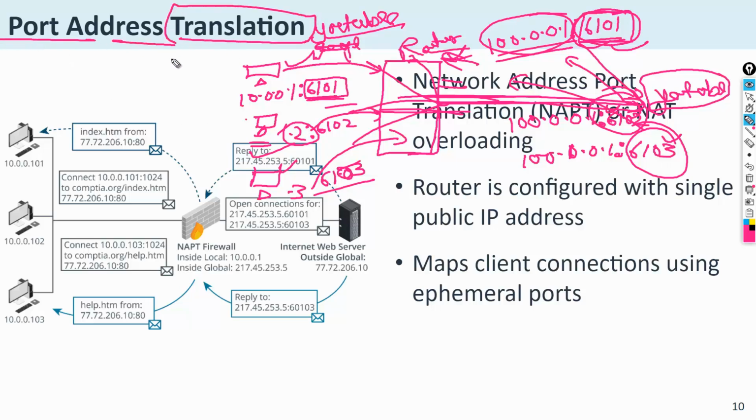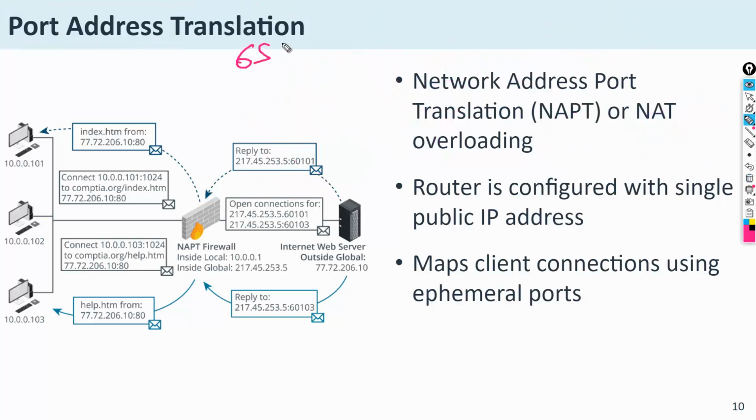It means packets are identified based on the port number. Already you know the port number range is 65535, which means lots of numbers are available.